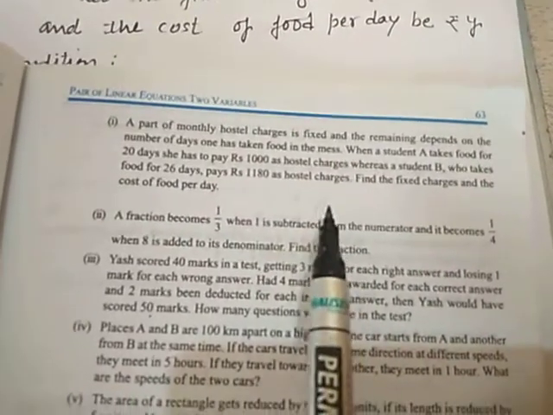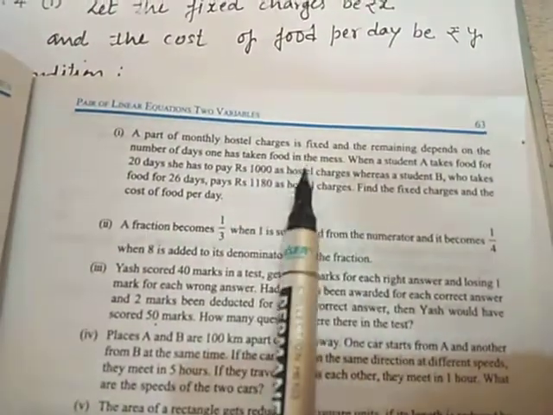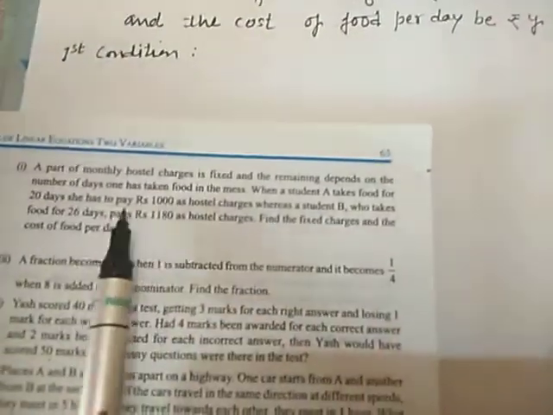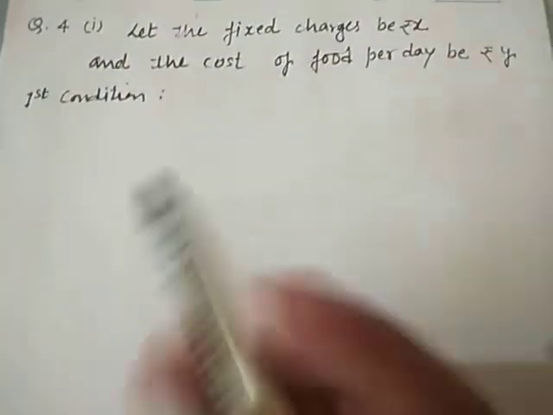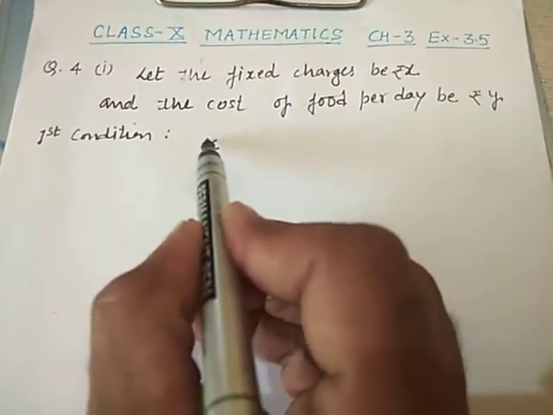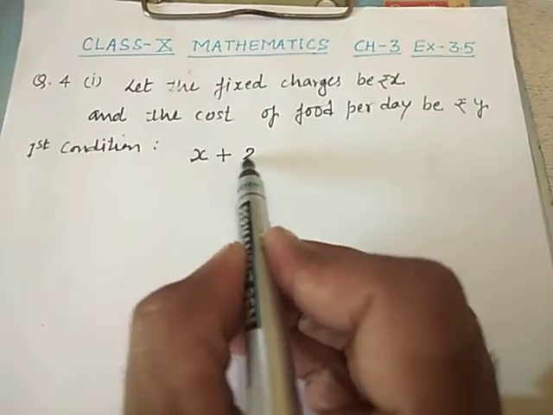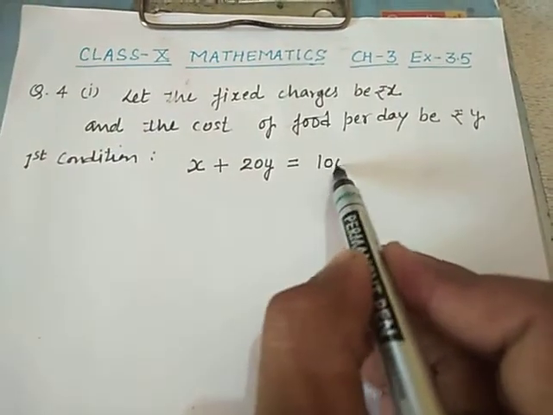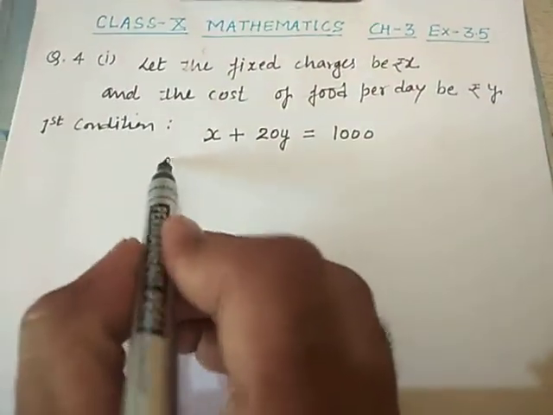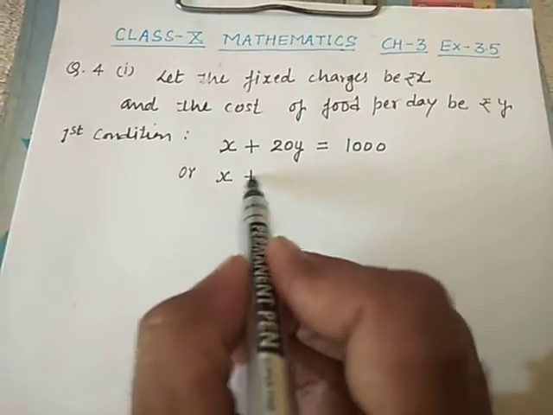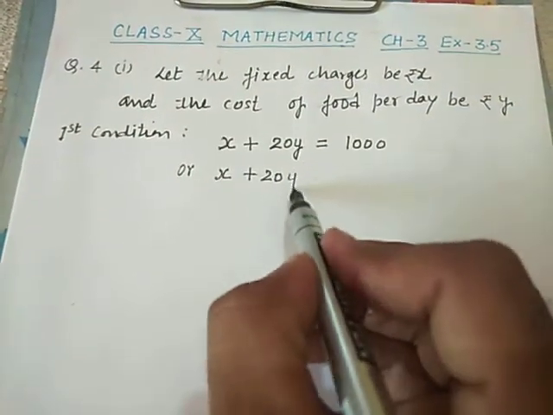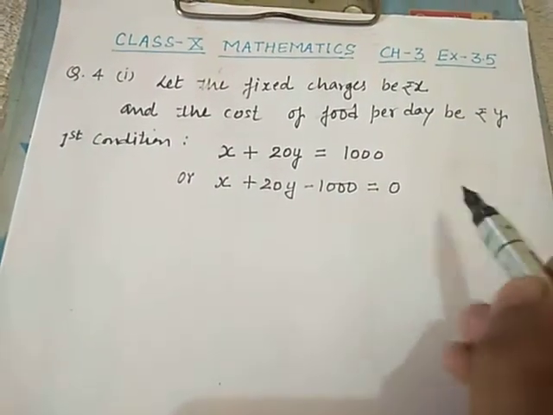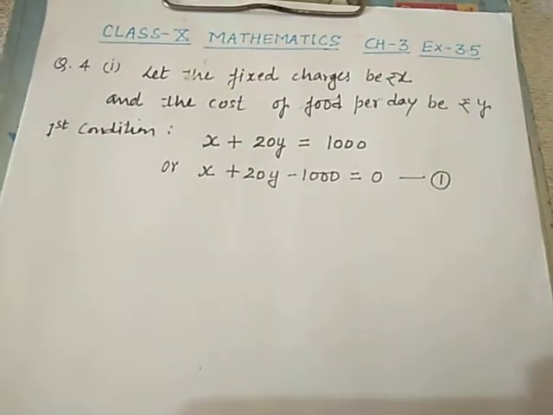So we will take fixed charges as x and cost of food per day y, and the number of days are here 20. So equation will be x, which is fixed charges, plus the number of days into cost of food per day, 20y is equal to 1000. Or we can take it as x plus 20y minus 1000 is equal to 0. This is equation number 1.